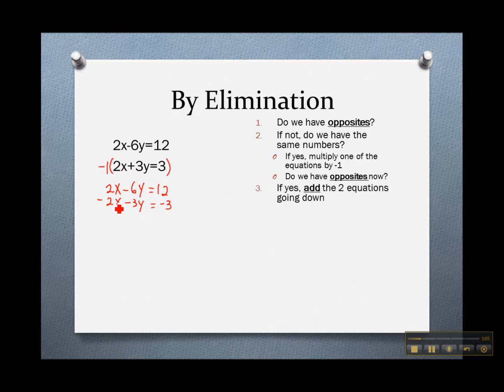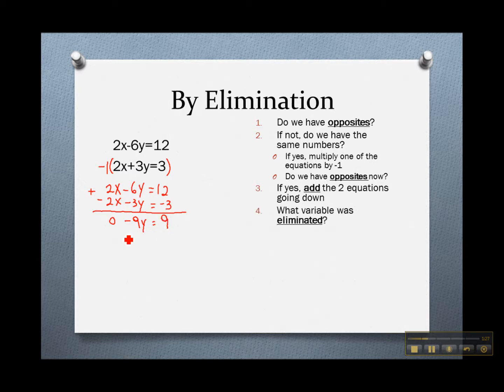So do I have opposites? I do now, 2 and negative 2. So if yes, add the two equations going down. So I'm going to add these two going down. 2 plus a negative 2 is 0. Negative 6y plus negative 3y is negative 9y. And 12 plus a negative 3 is 9.